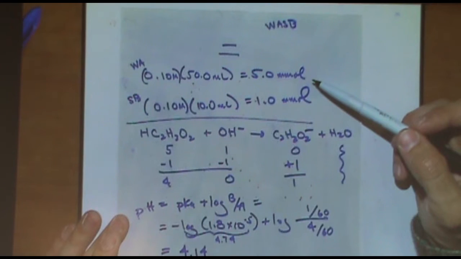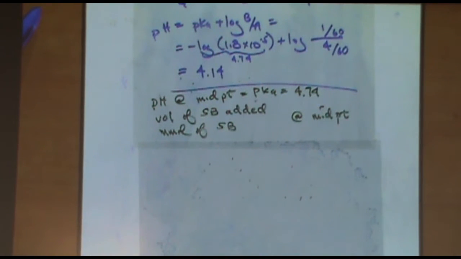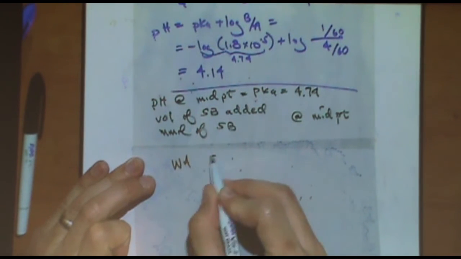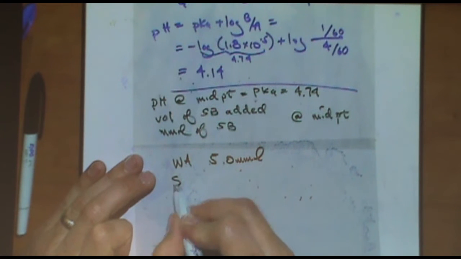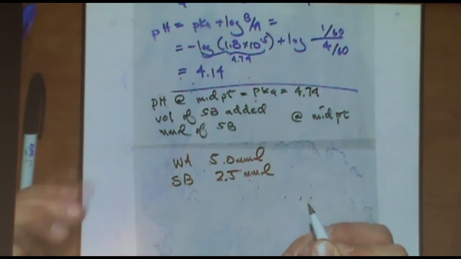How many millimoles? 2.5. There we go. Okay, I heard people mumbling. I wasn't sure what it was. So, if the weak acid is 5 millimoles, then at the midpoint, the strong base is 2.5 millimoles, or halfway there.